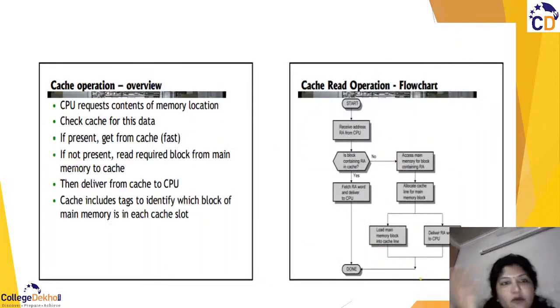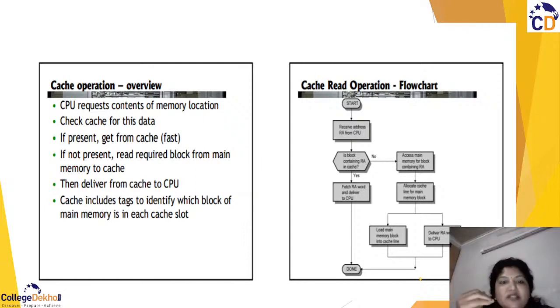Let us see some of the cache operations, how the cache works. The CPU requests contents of a memory location and checks the cache for this data. First of all, it is checked in the cache. If it is present, it is fetched from the cache and the task is done.